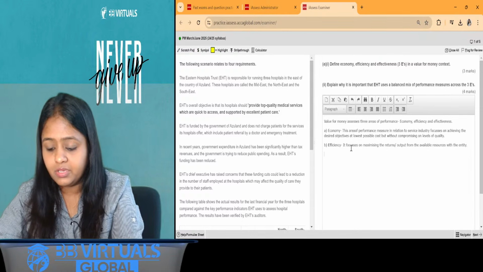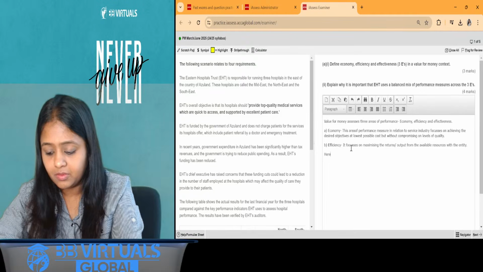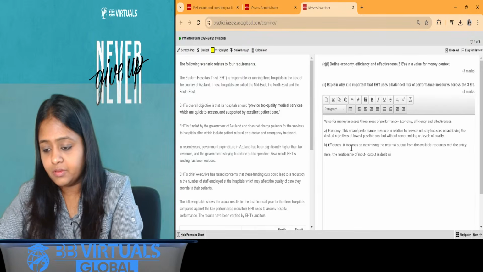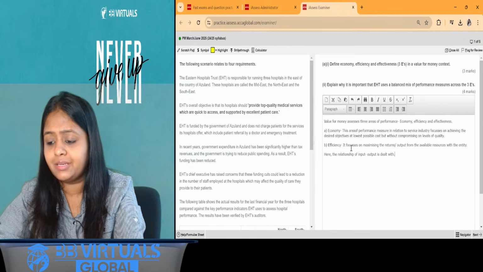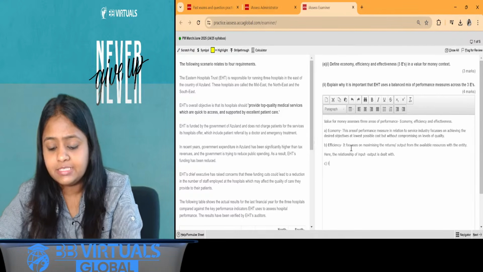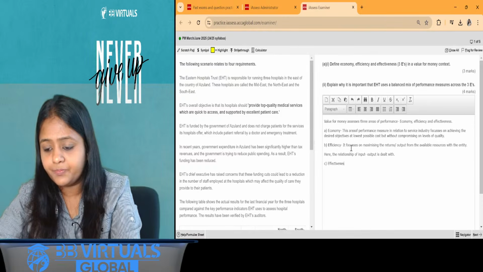Now here the relationship of input output is explained, is dealt with. So I'm just writing in the simple language that I know. That's all. Done. One marker done. Now write the C point. C point is effectiveness.